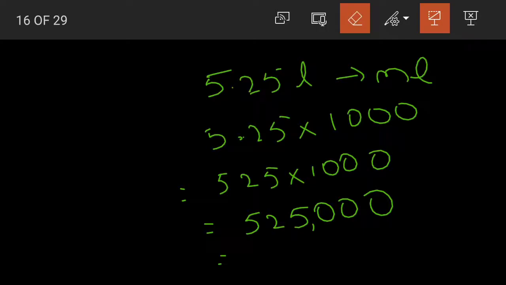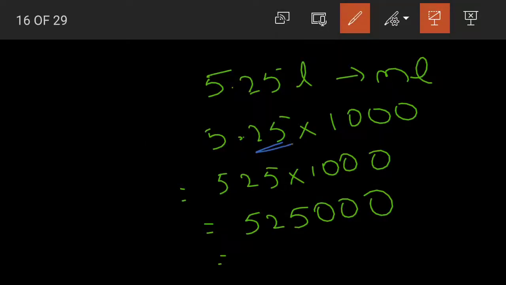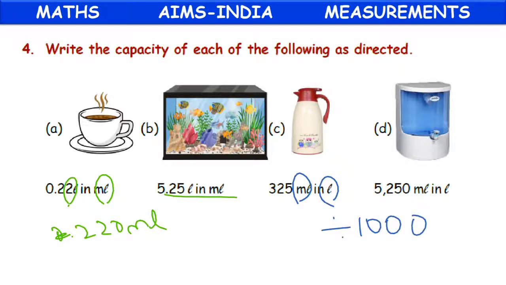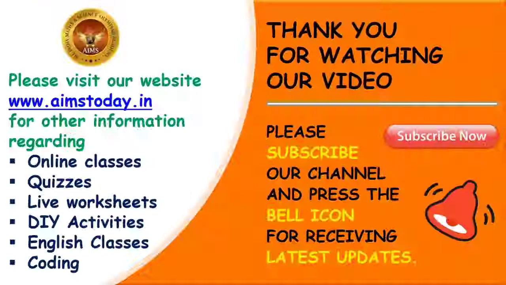Now coming to the decimal point here children, we have two decimal places. So after two digits from the right, we'll place our decimal point. So our final answer is 5250 milliliters. Is this clear? Now for converting milliliters into liters, we'll divide by 1000. Yes. So this is how you need to convert different units of measurement.